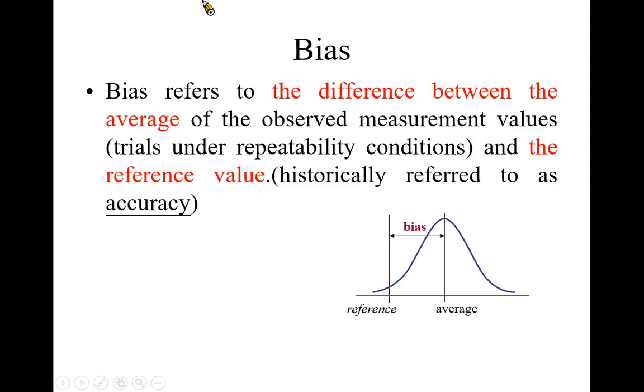First, let's introduce the bias. Bias means the difference between the average value, no matter how many times you try to measure, and the reference value.